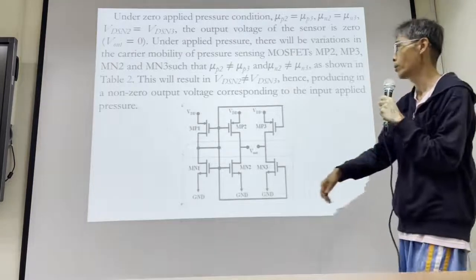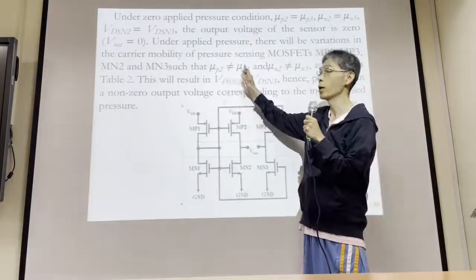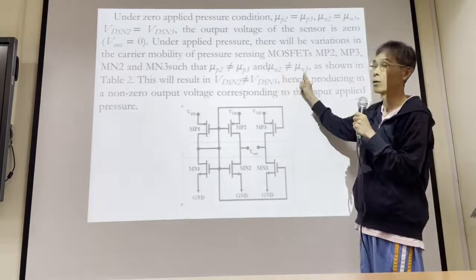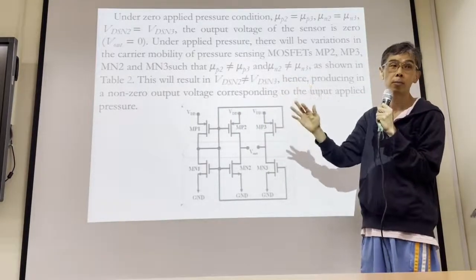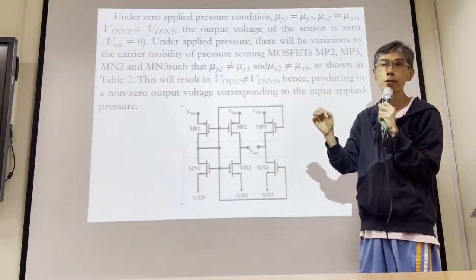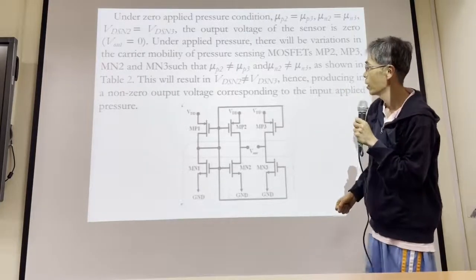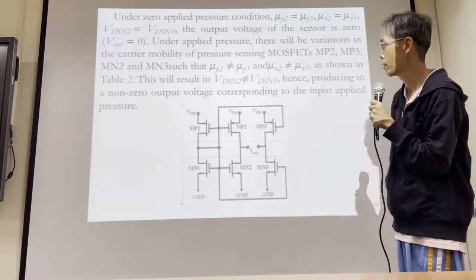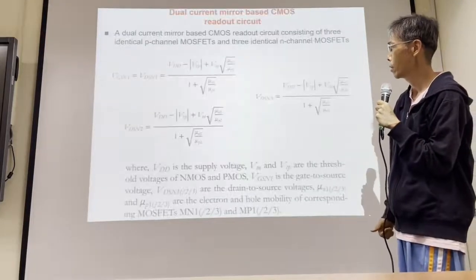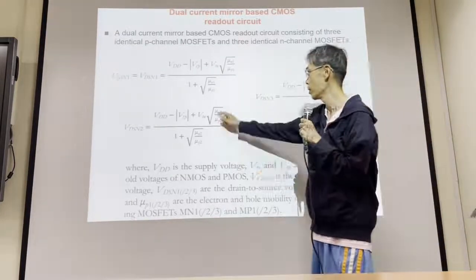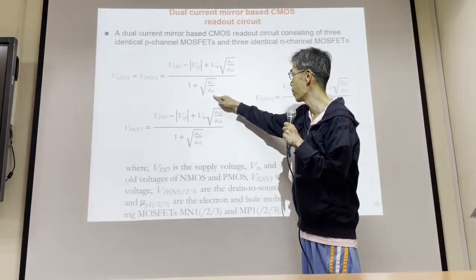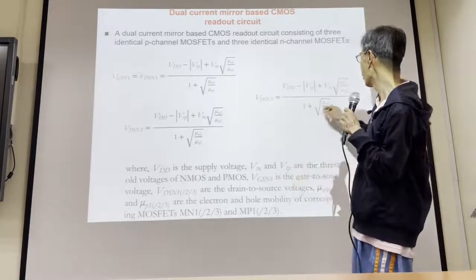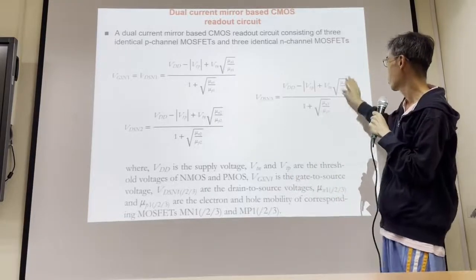Okay, thank you. Remember, for P2 and P3, one is in tension and one is in compression, and for N2 and N3, one is in tension and one is in compression. So they must be different. If you have these two conditions, we have the mu values here.